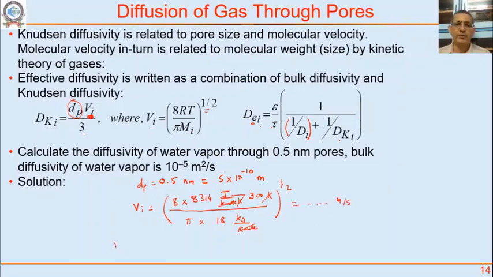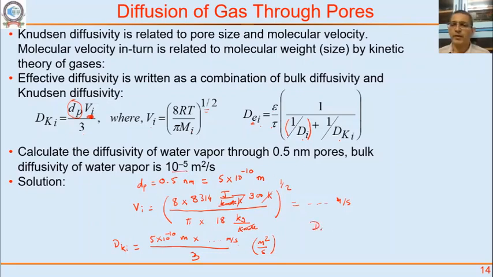So Knudsen diffusivity would be pore size 5 into 10 raised to minus 10 meters, into velocity in meters per second, whatever value we've got, divided by 3. It will be meter square per second. And then effective diffusivity will be 1 by Di, bulk diffusivity. Let's say bulk diffusivity is 10 raised to minus 5.